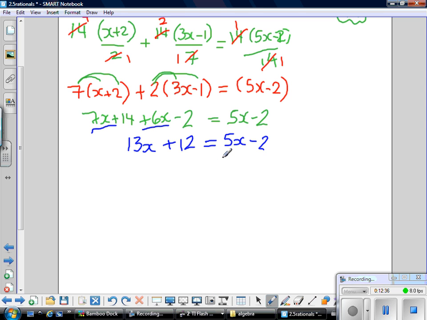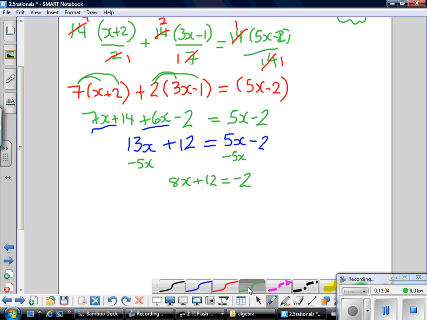So I'm going to subtract 5x from both sides. When I do that, 13 take away 5, so we're looking at 8x. I still have the positive 12, and it equals, the 5's cancel, I still have a negative 2. Make sure you don't forget that negative sign that's there in front of it.